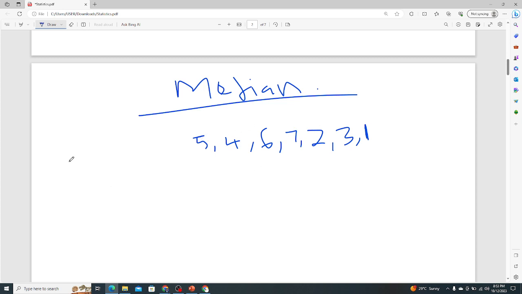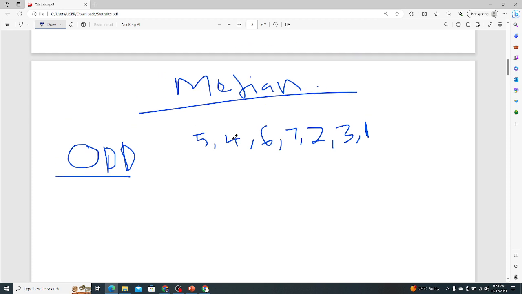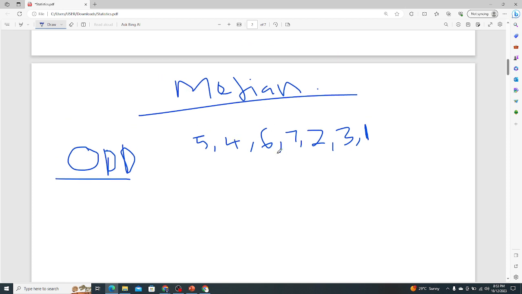So we will check, for example, when the count of the values is odd. Okay, so median when the data values are odd. To find the median, we'll first of all sort this data in either ascending or descending order.